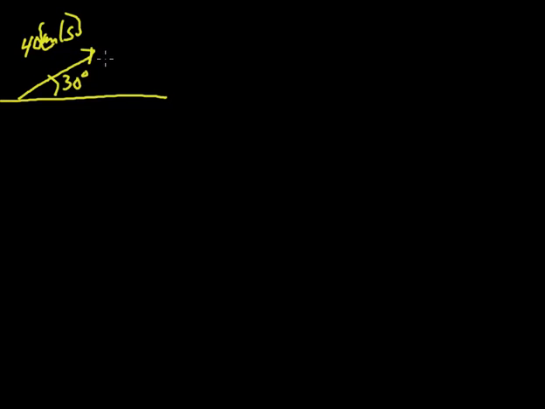So what's going to happen is this ball is going to travel some arc and land somewhere over here. Okay, and we might ask questions about how far will it travel, how high will it go, how long will it take, and so on.